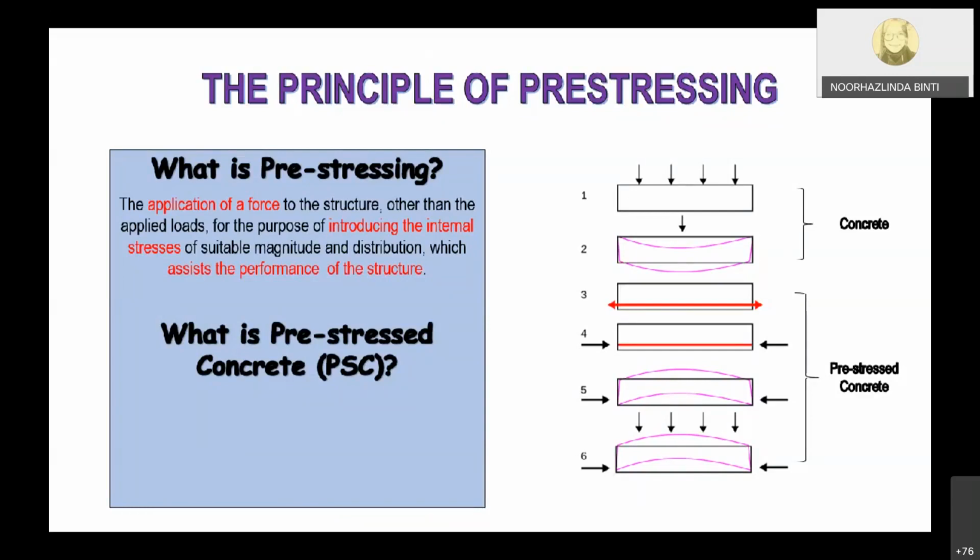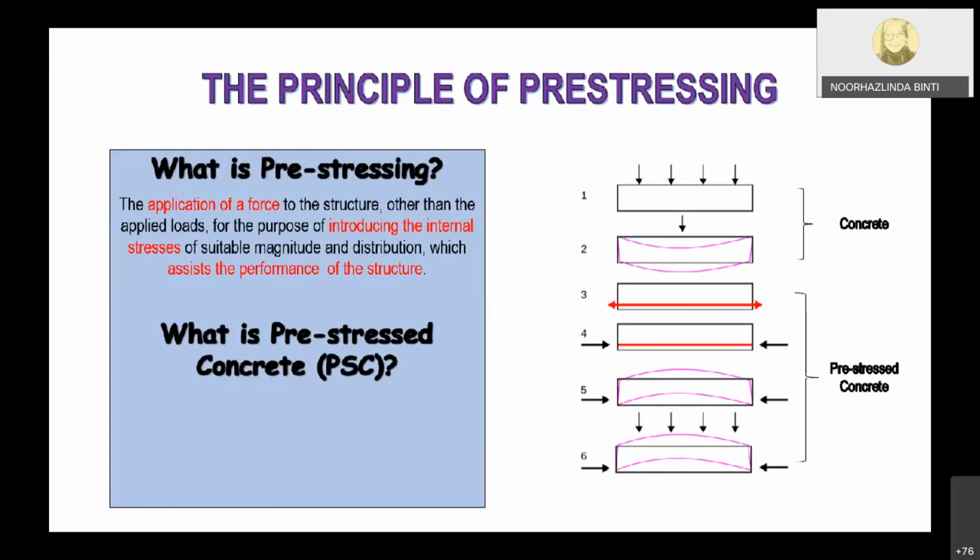That's prestressing. Prestressing is a method, a process of introducing internal stresses, which we call the prestressing force. And of course, that prestressing force should be of certain magnitude and certain distribution. You cannot simply introduce those stresses inside the concrete.